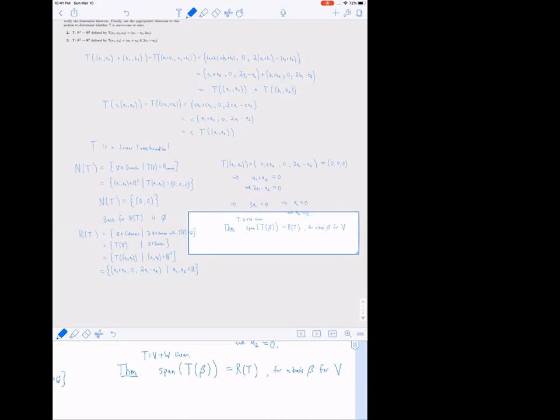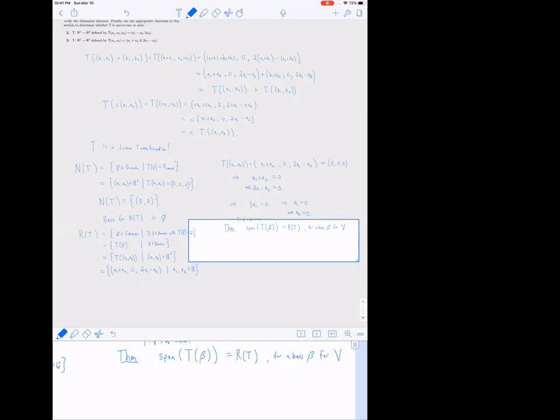All right, so in other words, if I took a basis for the domain, applied T to each of those vectors, then at the very least, I get a set of vectors that span the range. All right, so can we think of our domain here is R2? Can we find a basis for R2?